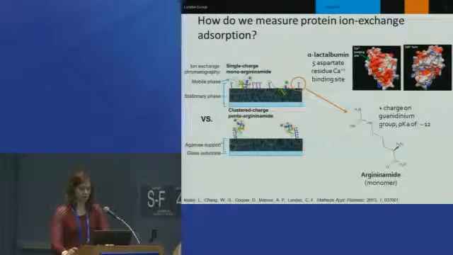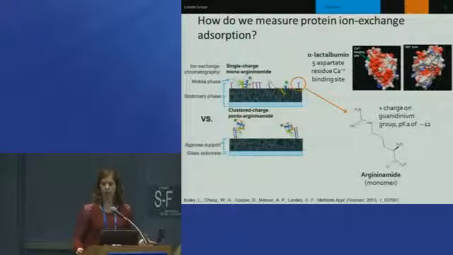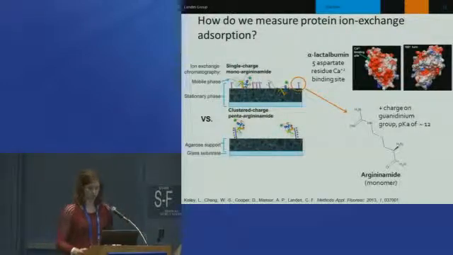And for our adsorbent phase, we're going to use one of the standard positively charged ligands, which is the guanidinium group on an argininimide. And so we're going to either use monoargininimide, the commonly used ligand, or we're going to use a penta-argininimide that's been pre-polymerized so that we can control the spacing of the charges.